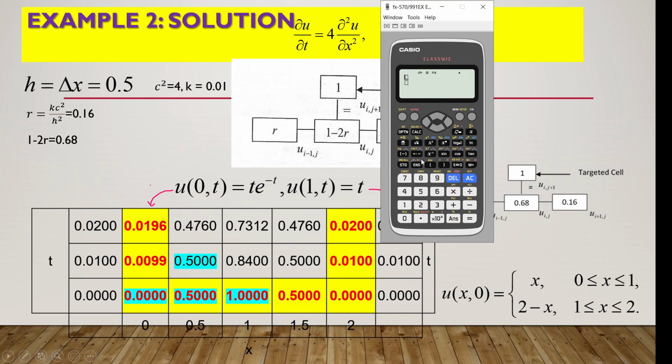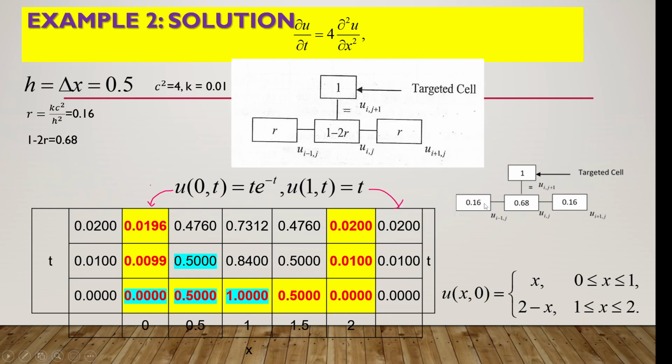R is 0.01 times 4 divided by 0.5 squared, and you get 0.16. So 1 minus 2R is 1 minus 2 times 0.16, which is 0.68. This is the general molecule, and this is the specific molecule. For example 2, R is 0.16 and 1 minus 2R is 0.68.